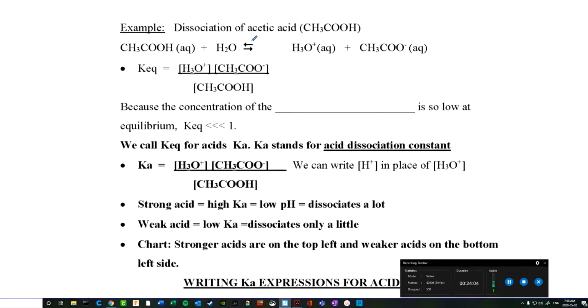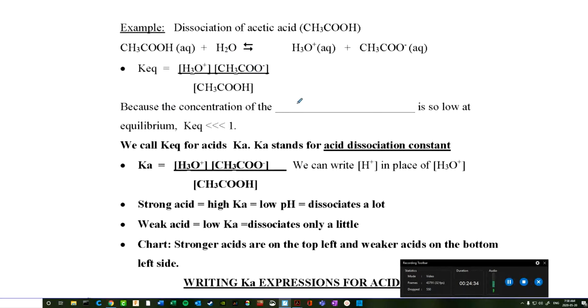Notice now we've got the double arrow because it's not as strong of an acid. So there's going to be both directions occurring here. These are what it dissociates into, the hydronium ion and the acetate ion. And if you set up the KEQ, you would set it up like this, right? You just wouldn't include water because it's a liquid.